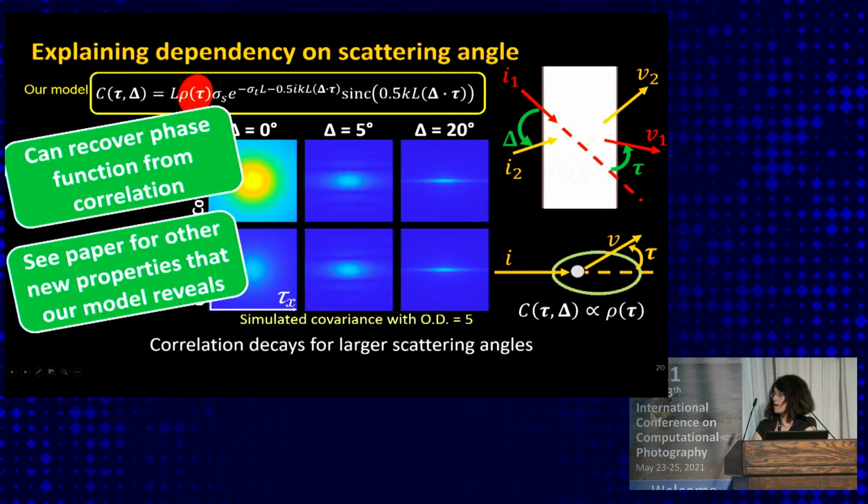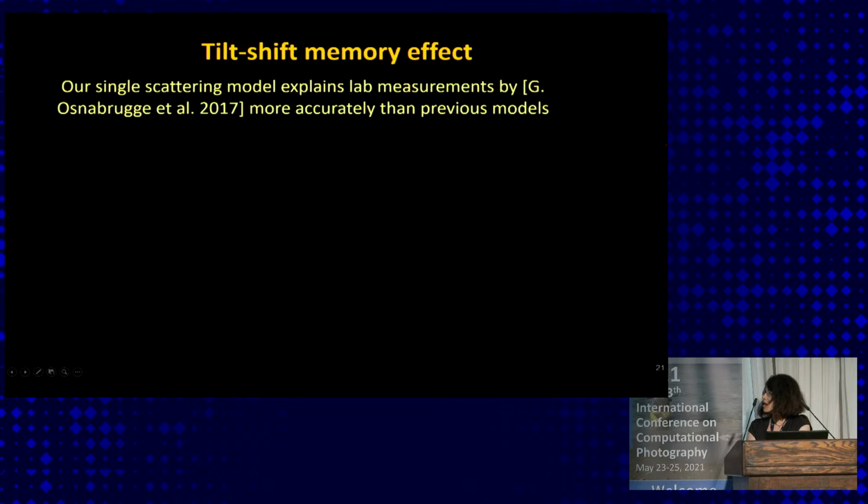So in the paper, we discuss other new properties that our model reveals and their potential utility for computational imaging applications. In particular, our model can better explain the tilt shift property of the covariance discussed in Osnabrück et al.